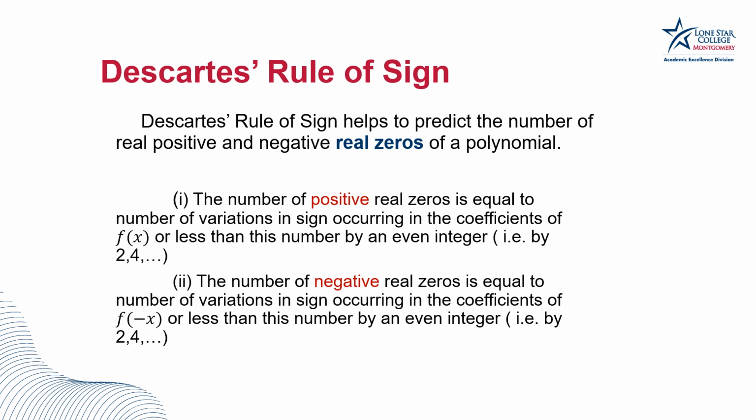So you do f of negative x, count the number of sign changes, and that will be the number of negative real zeros, or whatever that number is, subtracted by an even integer. That will be Descartes' rule of signs to help determine the number of real zeros you have in a polynomial.